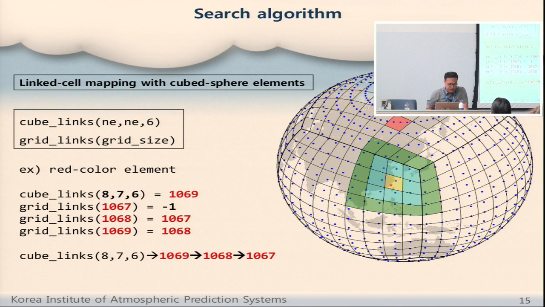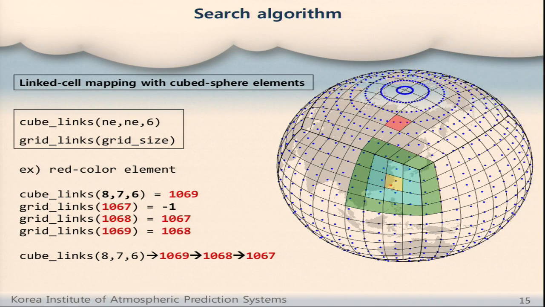We have developed a new search algorithm that can quickly find neighboring points, even on randomly distributed points on the sphere. It was developed by combining the linked cell mapping and the cube-sphere elements. The key idea is to map the grid points to be used for search to the cube-sphere elements as shown in the figure. First, prepare two integer type arrays named cube links and grid links.